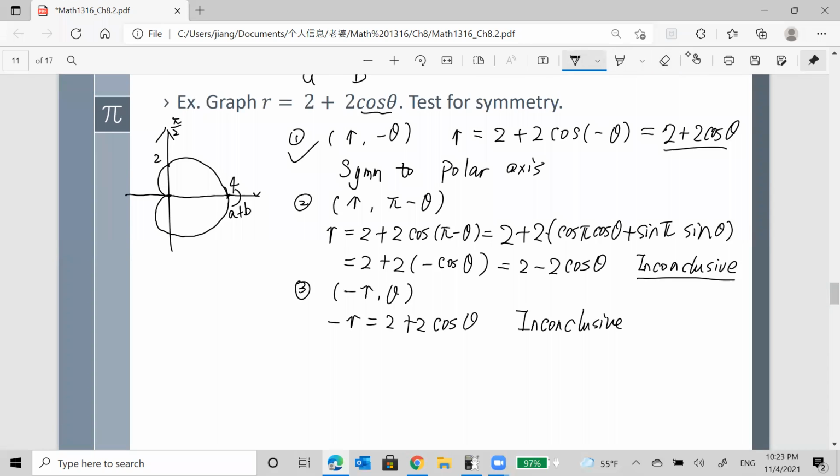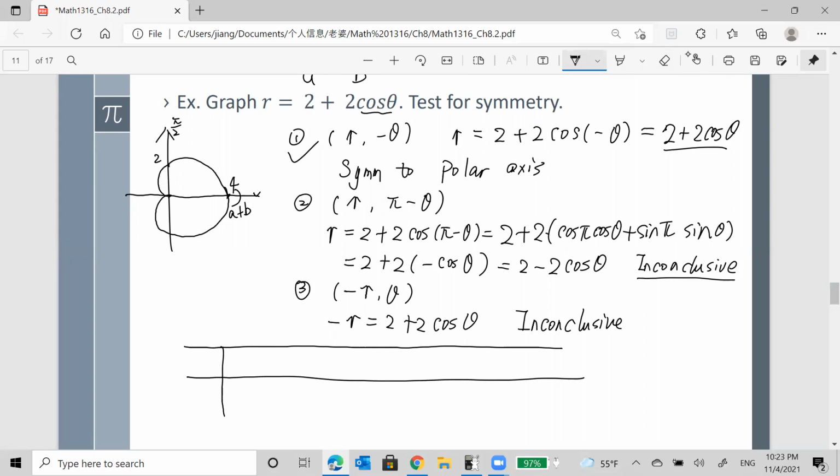So let's see. If I use the plotting points way, let's make a table. The first row is theta, and the second row is r. When theta is 0, 2 plus 2 cosine 0, that's 1, so 2 times 1 is 2, and 2 plus 2 is 4.